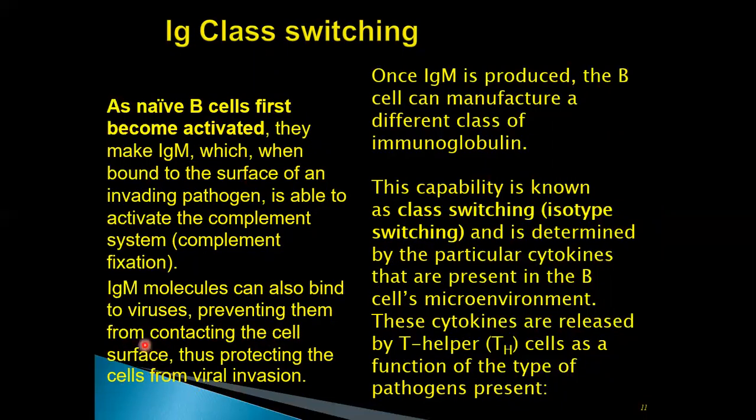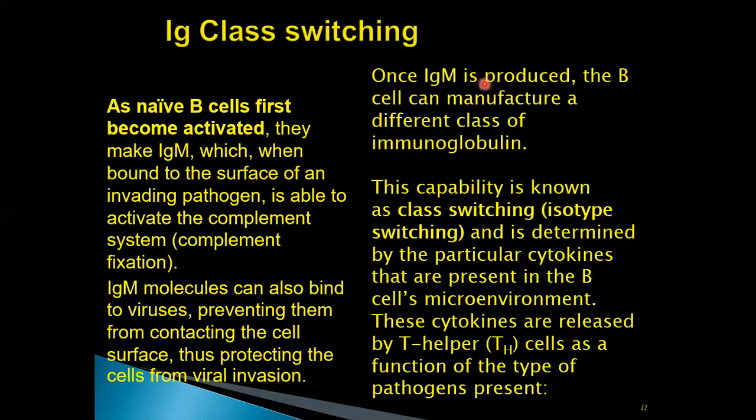So when immunoglobulin M binds to the foreign pathogen, it is not able to invade the cells; rather, the antibody dependent cytotoxic cells start killing the virus bound with the immunoglobulin M.